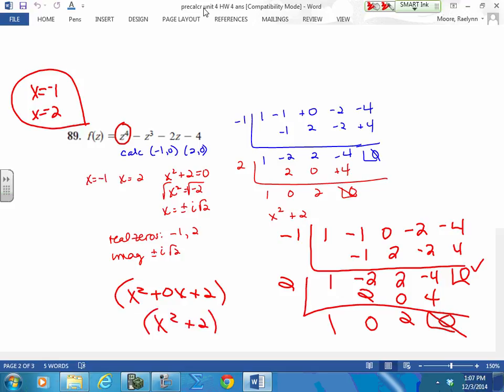Can we factor or resolve something that's a square? Yeah, we can. x squared plus 2 equals 0. This is your non-real root though. Subtract 2. You get x squared is equal to -2. When you take the square root, this is your plus or minus i radical 2. These are not real. Those are imaginary. So since we asked for all the real zeros, which ones are the real zeros? -1 and 2.